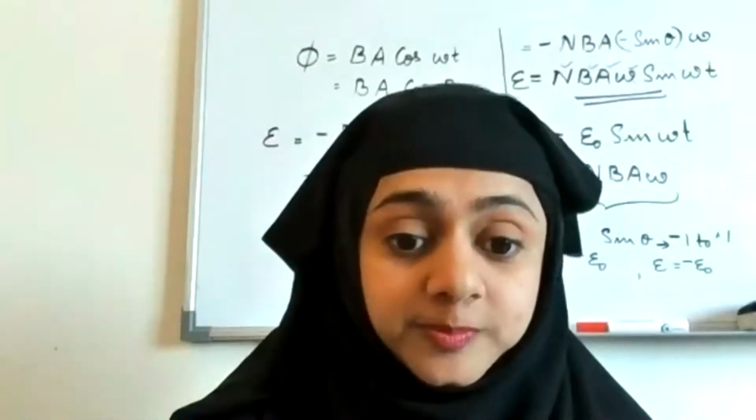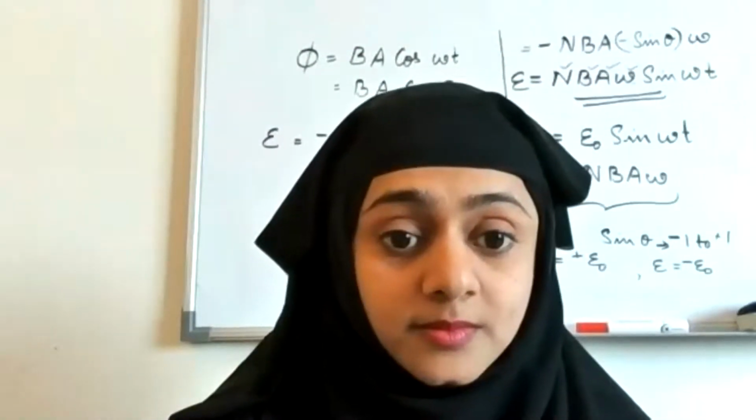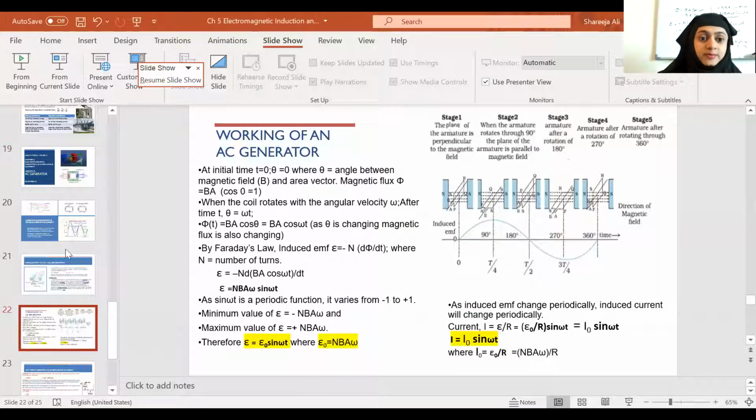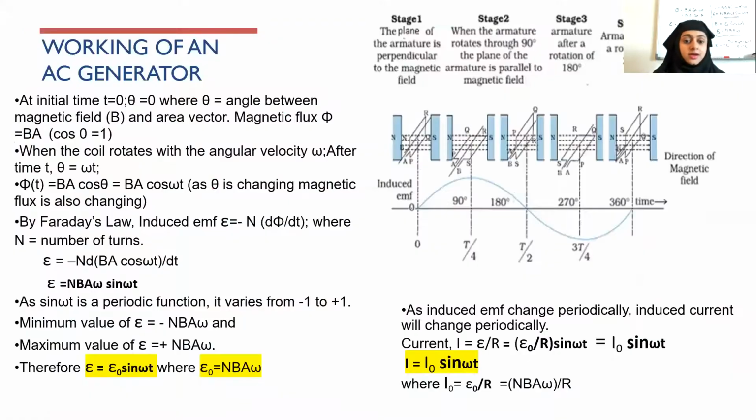So let me again share the screen with you. Okay, let us again see here. Here we saw that EMF E is equal to E naught sine omega t. What is E naught? NBA omega, which we have derived here.